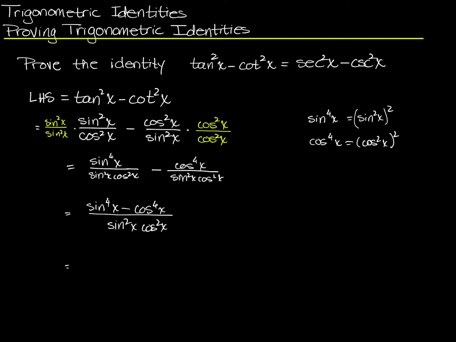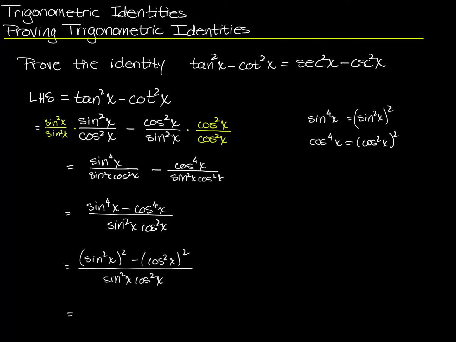That means I could rewrite this as sine squared of x squared minus cosine squared of x squared all over sine squared of x cosine squared of x.